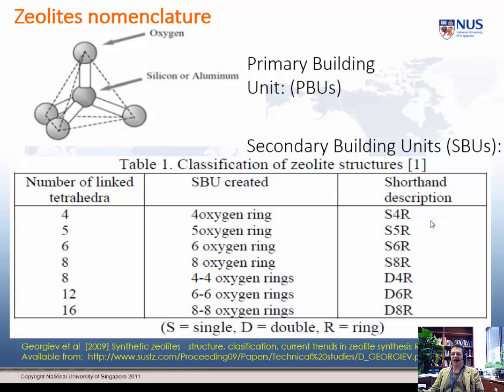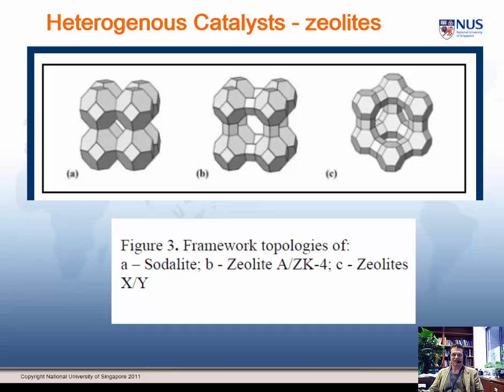And typically your shorthand will be S4R. You can see how this works. 5, 8, and so on and so forth. There's some subtleties in the structure. Single rings or double rings, which we'll look at in a moment. Again, the reference is boring, but it's all there should you need it.